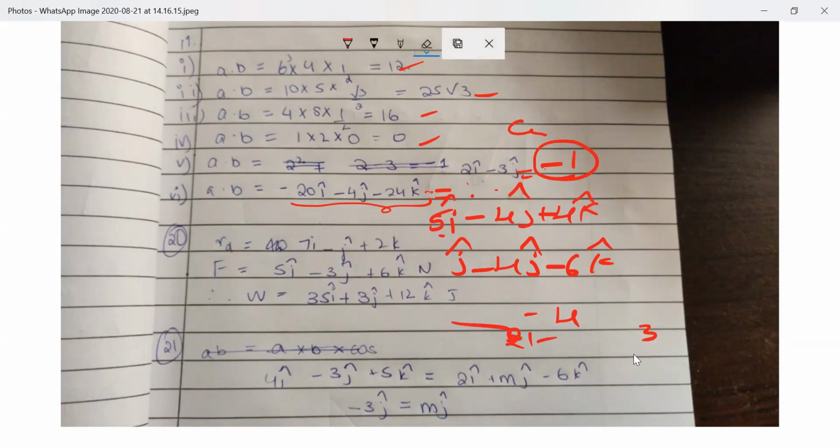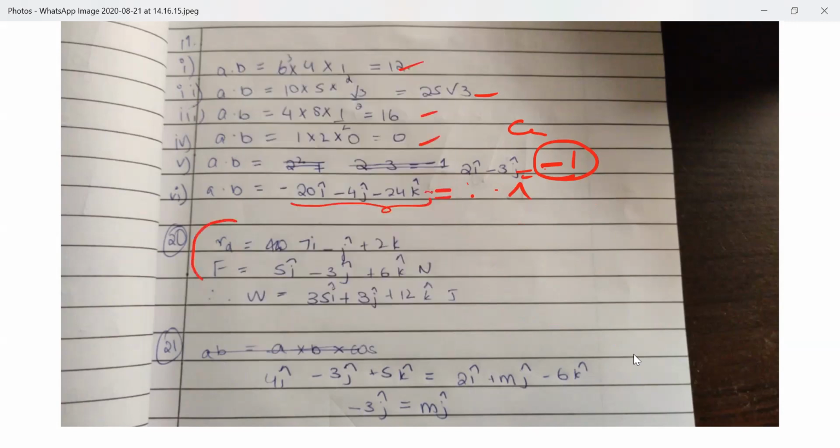Understood this? Since it's given in Cartesian form, you are writing it in vector notation. That's not right. A dot product should come as a scalar. That's it. Now the same thing you did for this. This is work, right? Work done is a scalar product, a scalar quantity. So you have to do the scalar product. That's it. So then we will get 35 plus 3 plus 12.